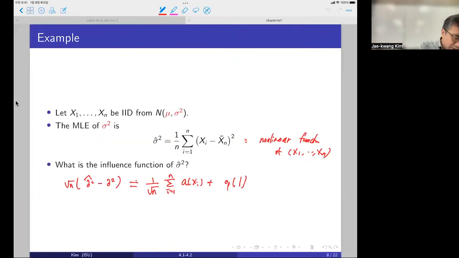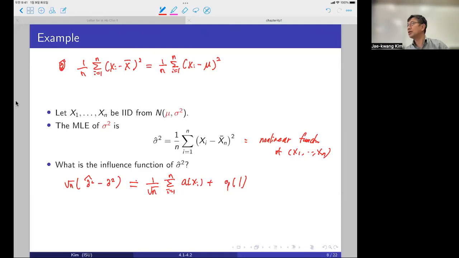The idea is that we want to make it linear.